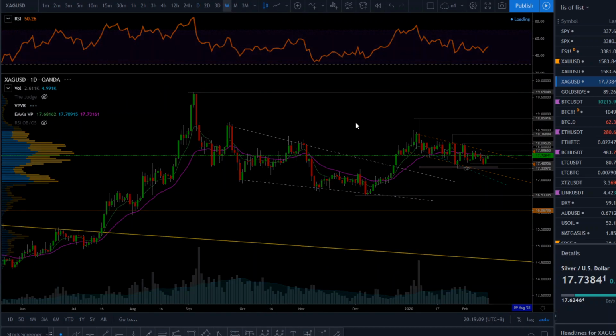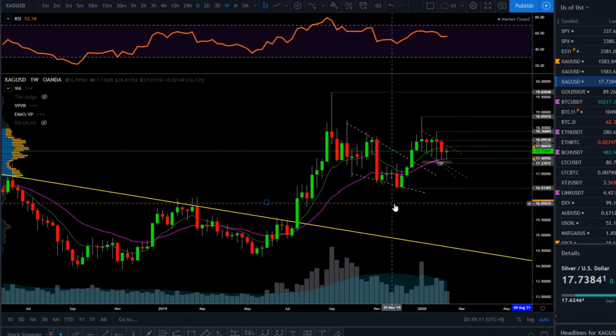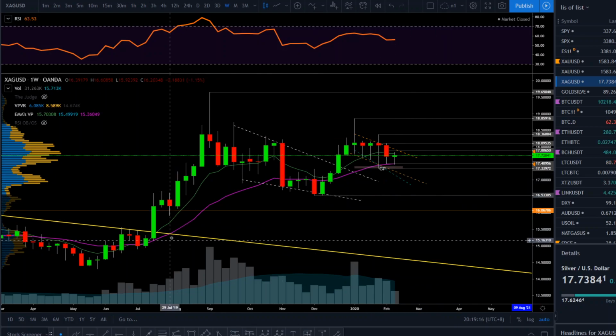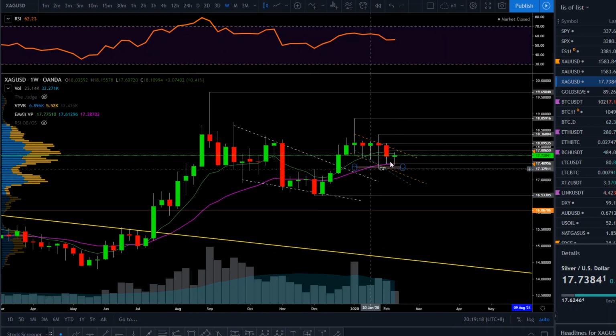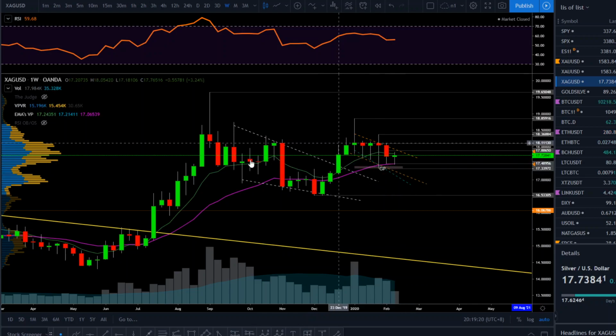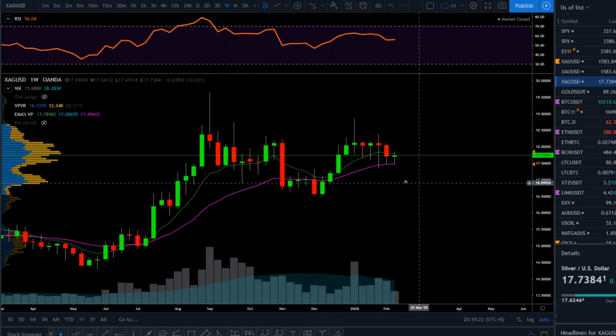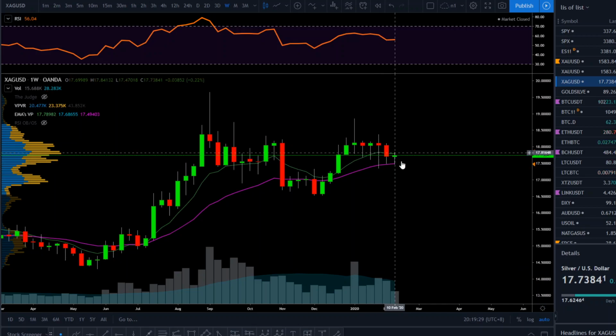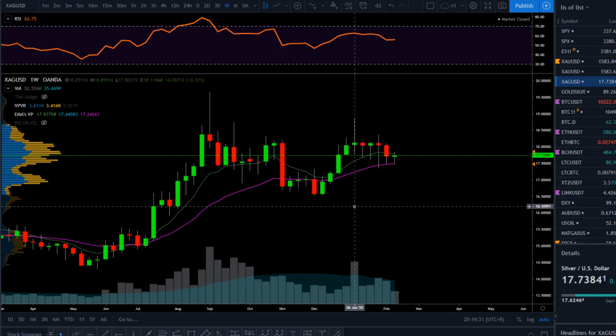Let's have a look at the weekly, because we looked at the daily. So I guess we'll zoom out here. And once again, this 21 EMA came in really good. At this stage, you can see the original dump here got supported within 3 weeks, so it's looking good for it.